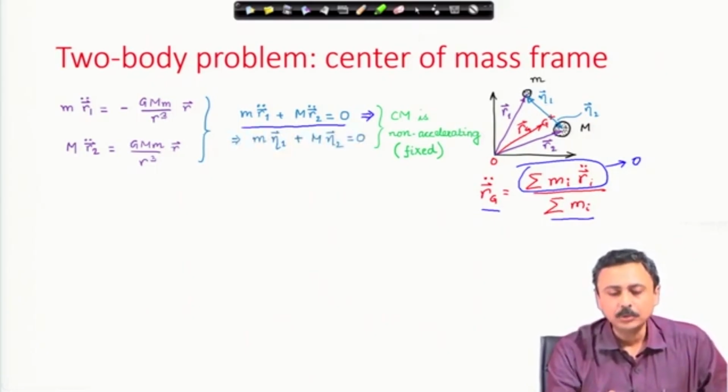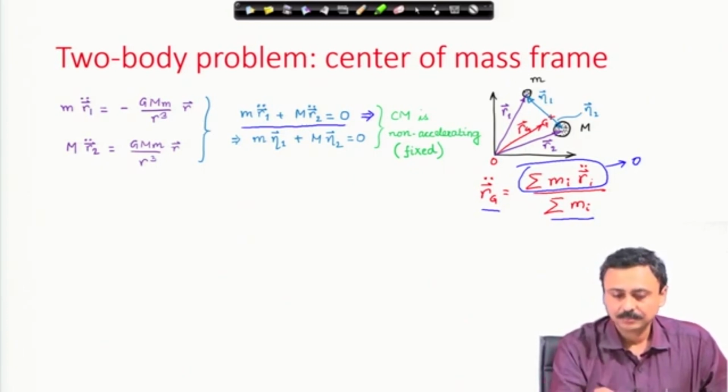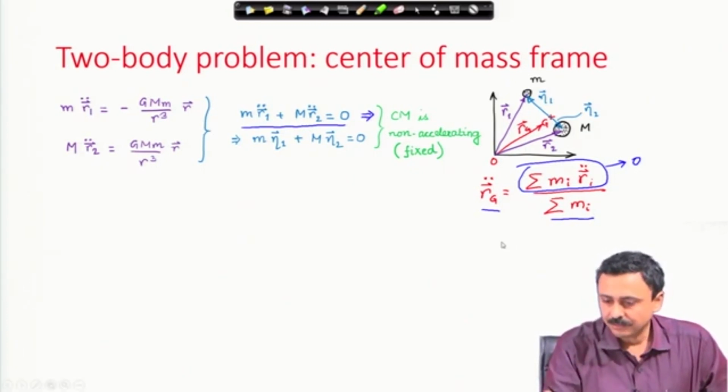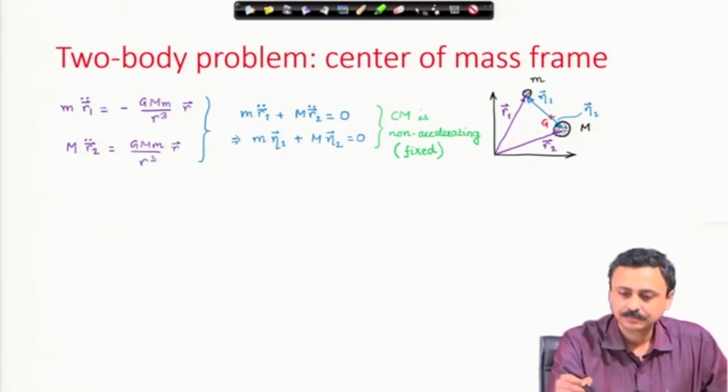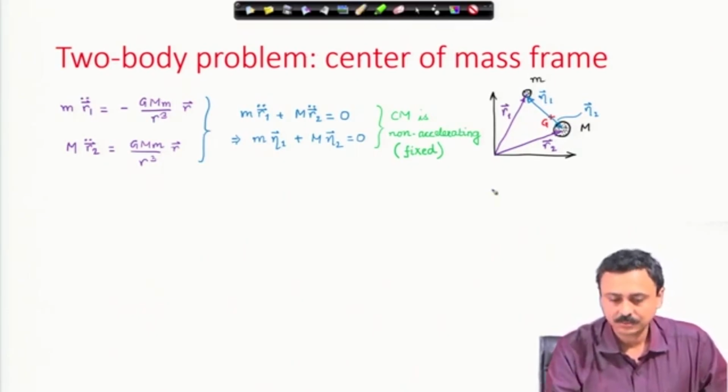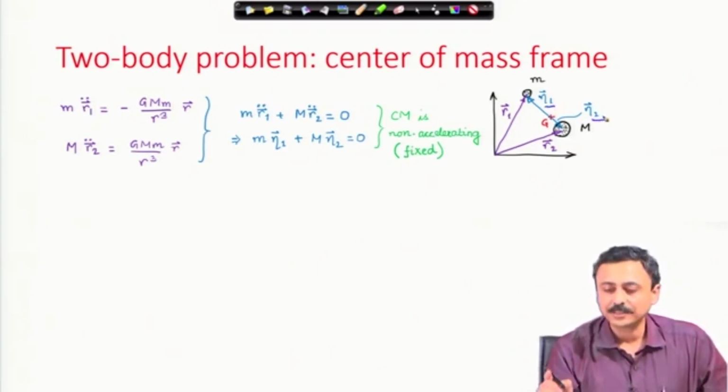Now, I use two vectors eta. What are these vectors eta? I define eta 1 and eta 2 as vectors starting from the center of mass G of the system and going to the individual masses.